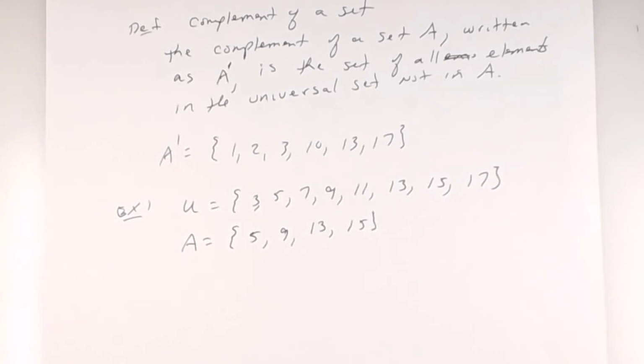Now let me remind you about this. Should A be a subset of the universal set? Yes, it better be. Look at the Venn diagrams, guys.